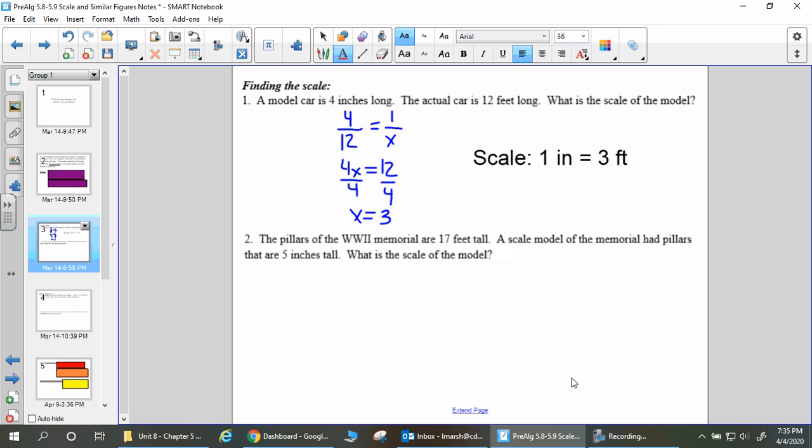Question 2 here, same idea. The pillars of the World War II memorial are 17 feet tall. A scale model of the memorial had pillars that are 5 inches tall. What is the scale of the model? What you want to be careful of here is if you're going to set up your proportion, it doesn't matter what you put on the top or bottom, but remember we want the model to go to 1.